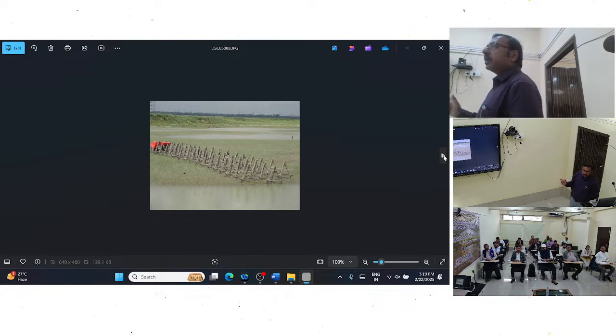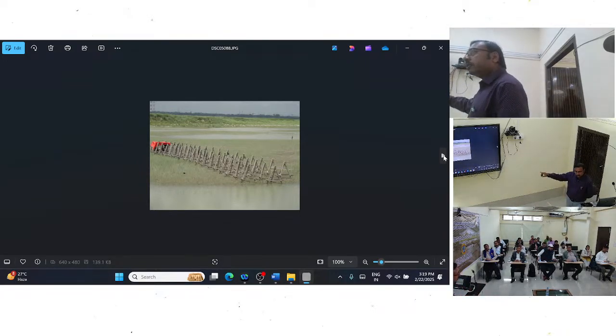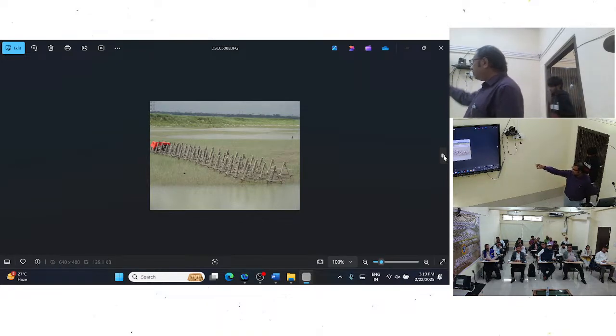So the upstream pond level is maintained always, and we cannot carry out this type of works in the upstream. But in the downstream side, when the water level is very low, we can easily carry out placing of the porcupines. If we carry out the works early, from February to May, we can do this type of works. And this active channel has been blocked.